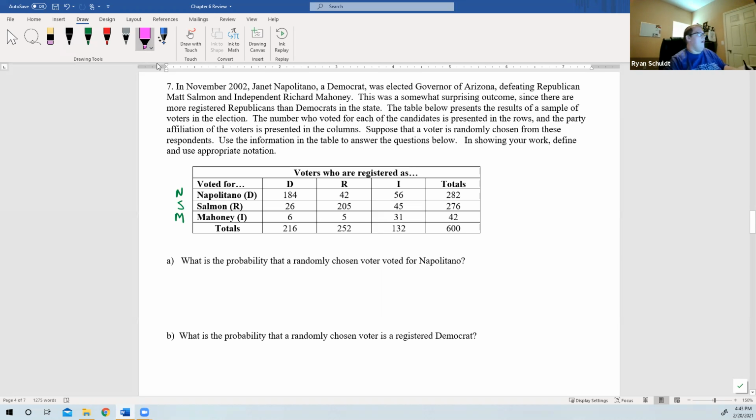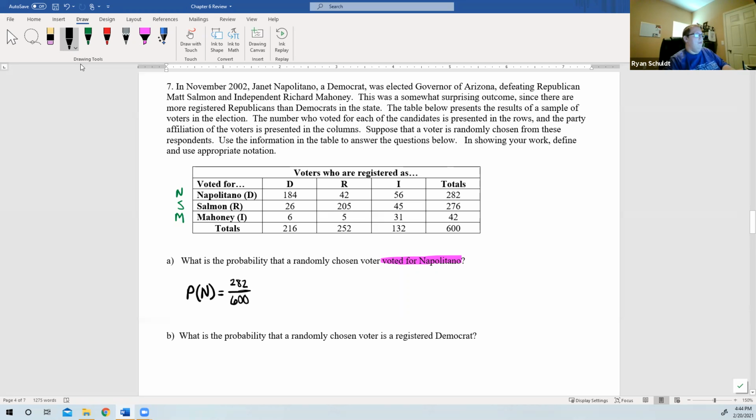Okay, let's see what they ask. We're going to have to find all kinds of probabilities. What's the probability that a randomly chosen voter voted for Napolitano? So the probability for Napolitano is equal to, well, it's going to be the number that voted for, 282, over the total, 600.